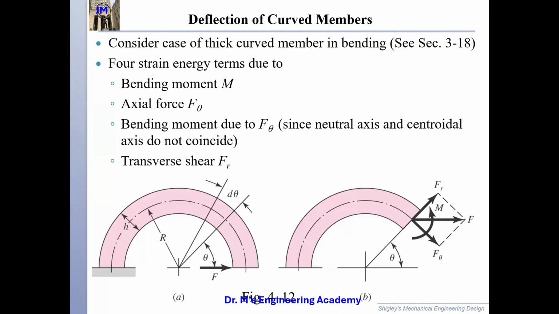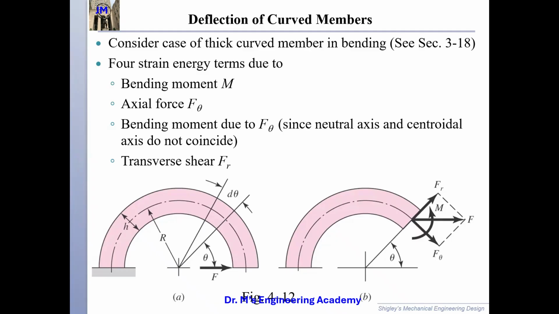The bending moment due to F theta, because this F theta has another bending moment. The thing is, the neutral axis and the centroidal axis do not coincide. Do you understand this? Because for a curved member, no matter how regular your cross-section is, the neutral axis and the centroidal axis are different.